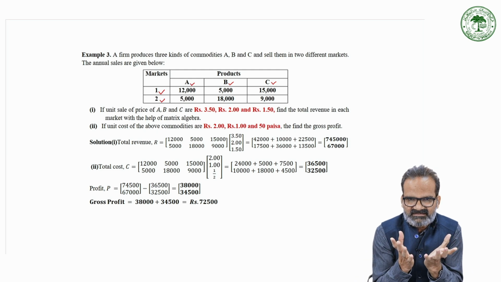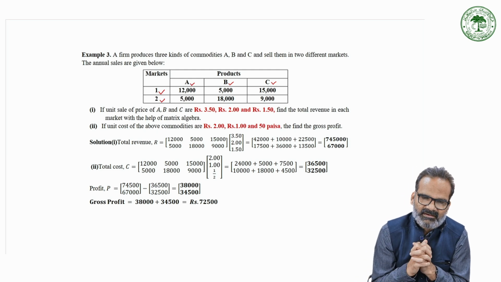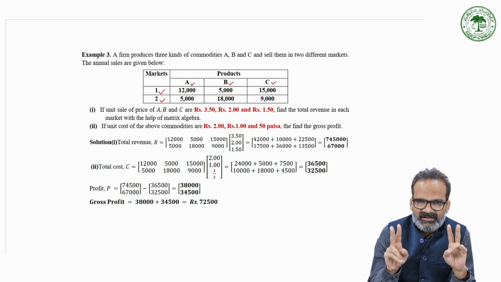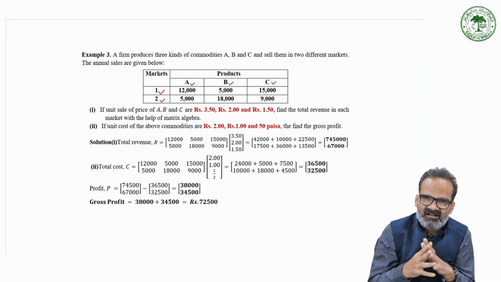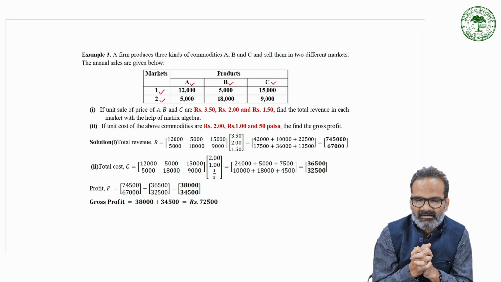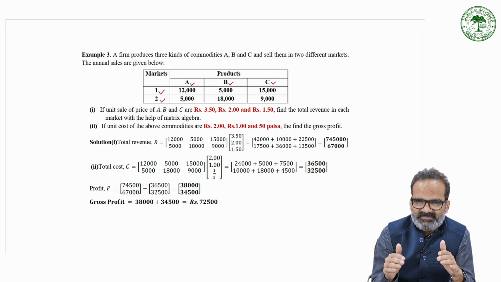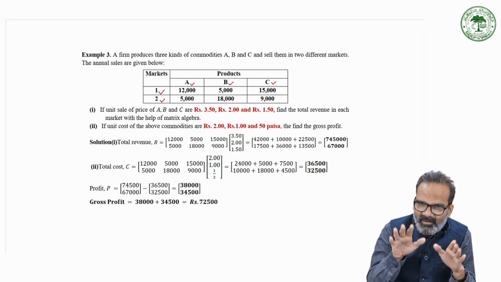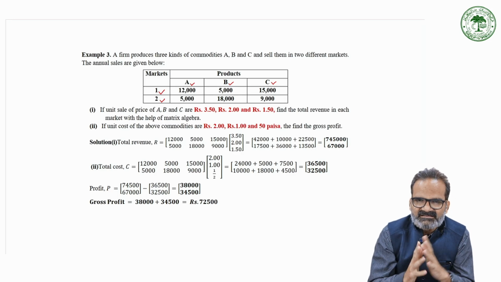So what this problem actually represents: here 3 different commodities are given in 2 different markets, their sales are respectively also given here. Determine how much revenue is being generated by market 1 as well as market 2 by selling these 3 commodities.